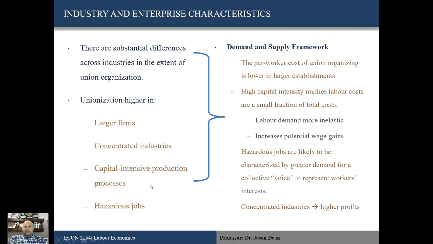And of course, concentrated industries tend to have some barriers to entry. So competition is lower, and usually in these industries, the profits could be higher. And so that gives the unions more of an interest in having them be members in the union, because there's a greater potential that they could actually increase their wage and overall well-being, which is the objective of the union.